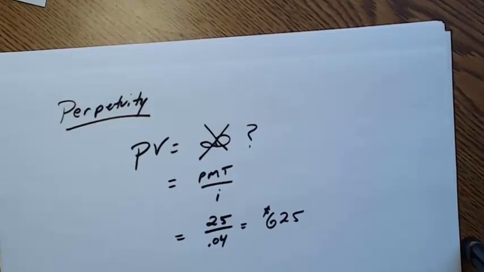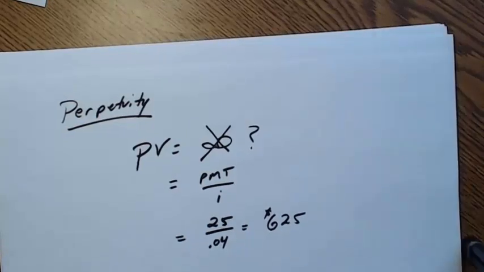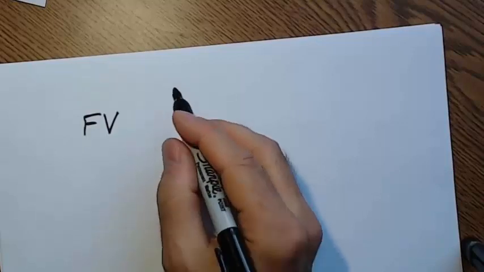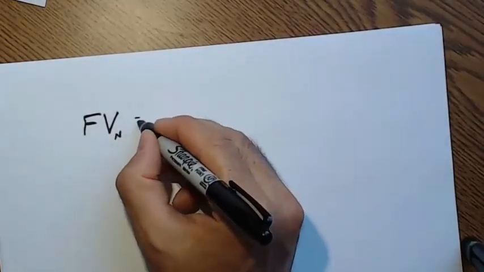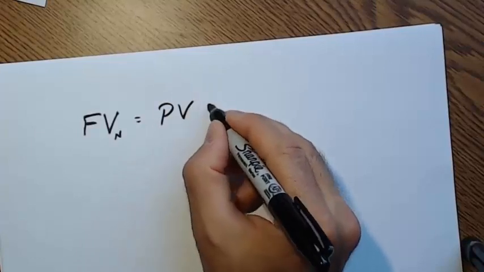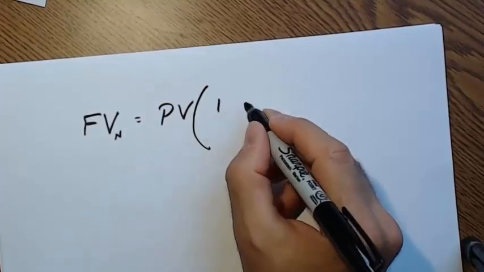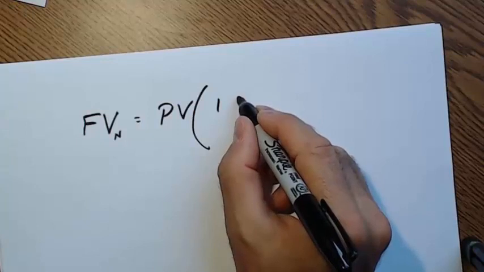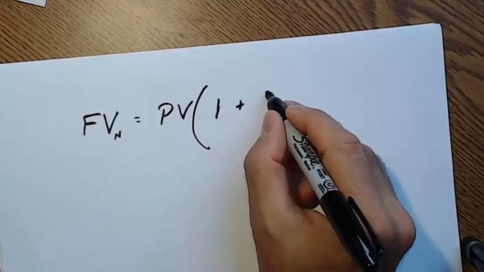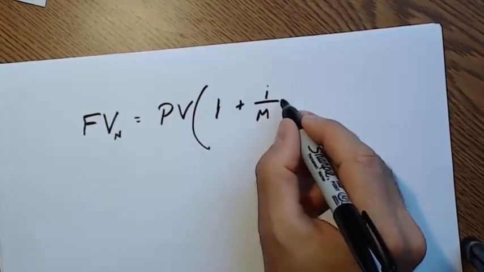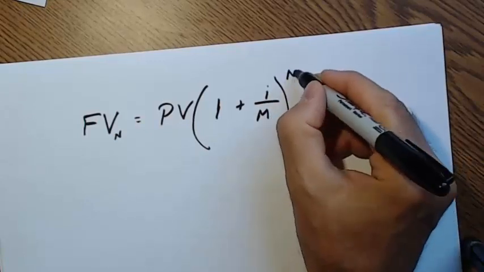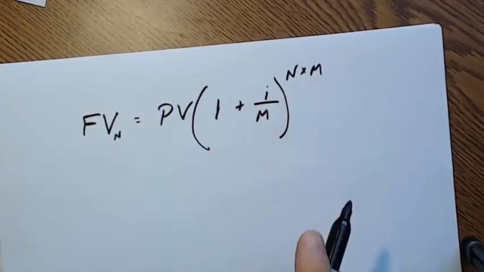So let's look at semi-annual and other compounding periods. And so here's the formula, basically, that you need to know. I'll give it to you as a lump sum formula here. So here we take the future value over n periods, which is going to equal present value times (1 plus I over m) to the power of n times m.